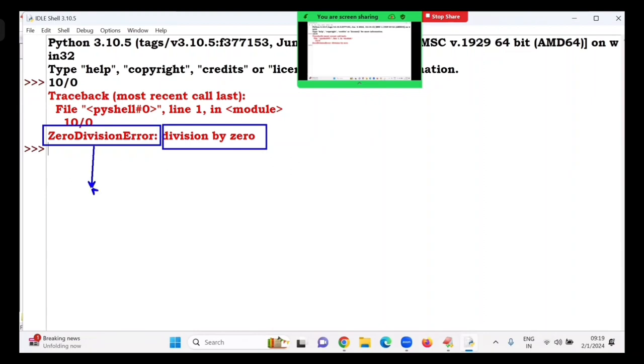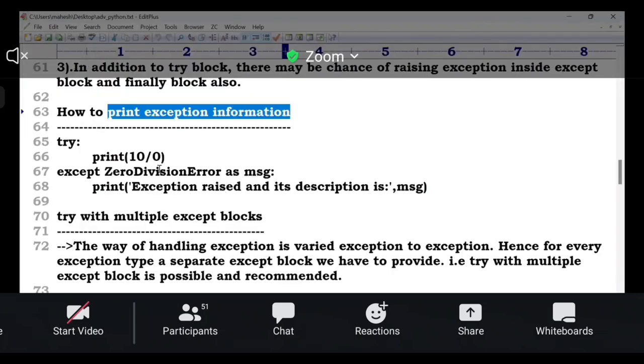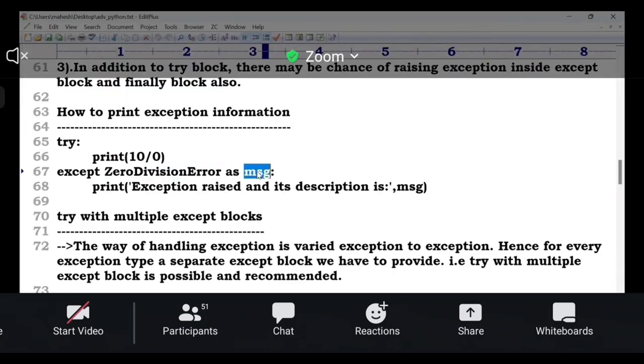The first one is the exception class name. The second one is a message provided by this class. So I want to print this type of message. For that, we need to use the class name as some variable, and that variable I can print.